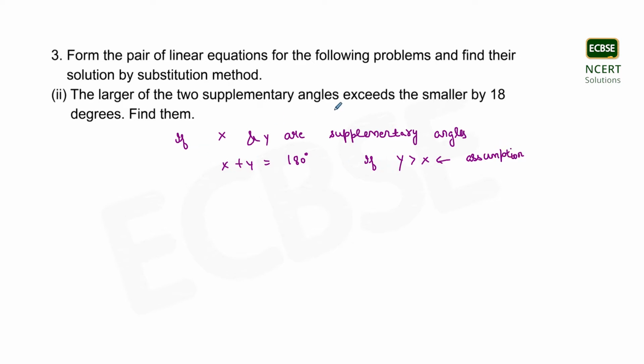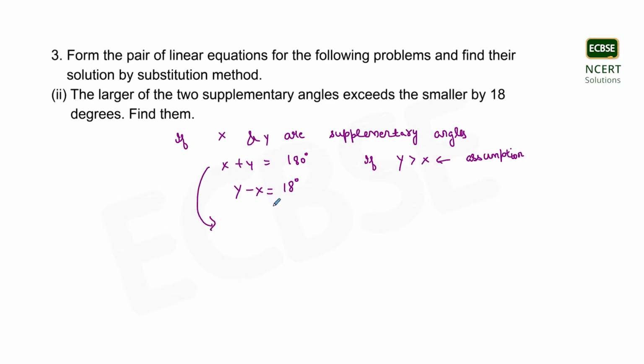And what is the second condition given in the problem? The larger of the two supplementary angles exceeds the smaller by 18 degrees, and as we have assumed that angle y is greater than x, here it will be y minus x is equal to 18 degrees.